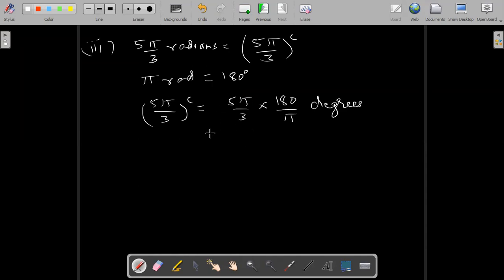Then pi and pi will cancel. So we get 5 by 3 into 180 degrees. That means 3 sixes are 18, 60, and 5 sixes are 30, so 300 degrees. So it becomes very easy to convert whenever the pi is given. Okay.